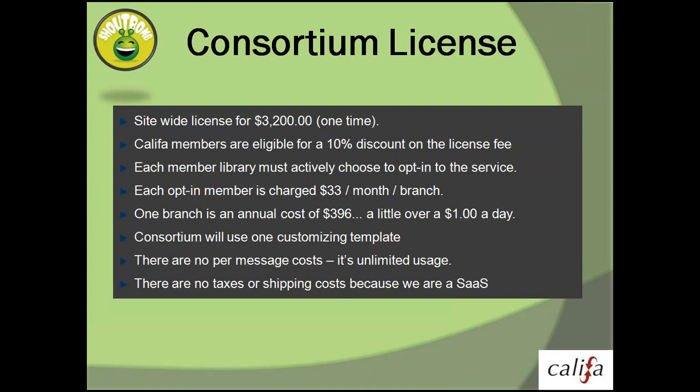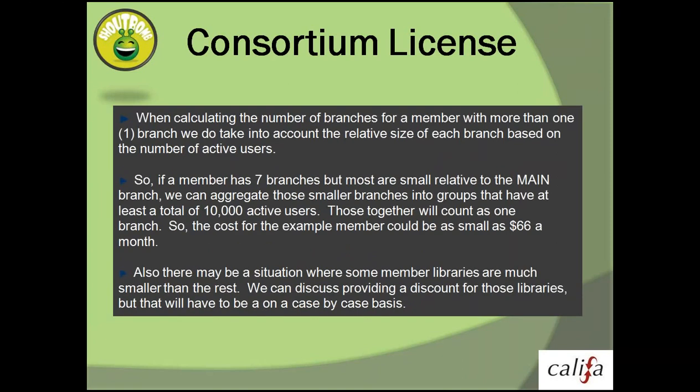Consortium gets to use one template, which describes how the system should work with the consortium, and there are no permission costs. Now, when we're looking at a consortium, there may be some member libraries that are bigger than others, with more than one branch.